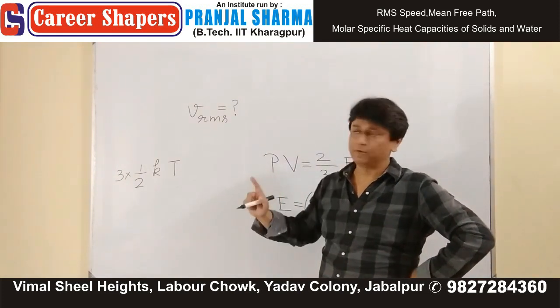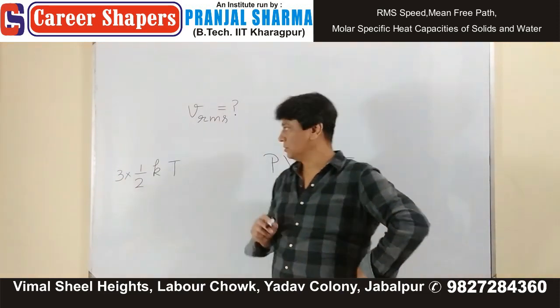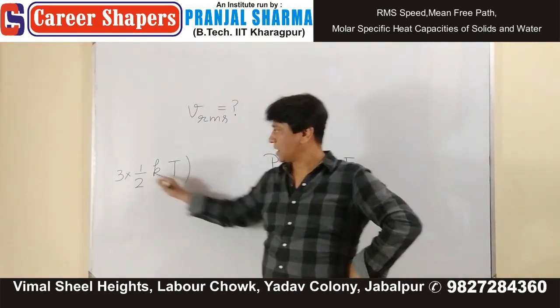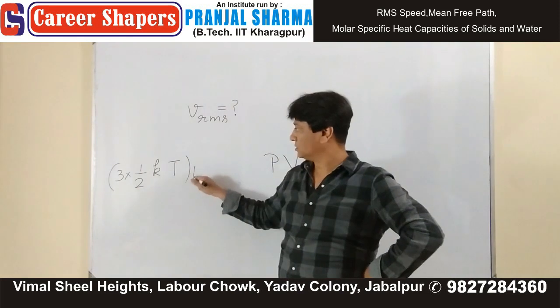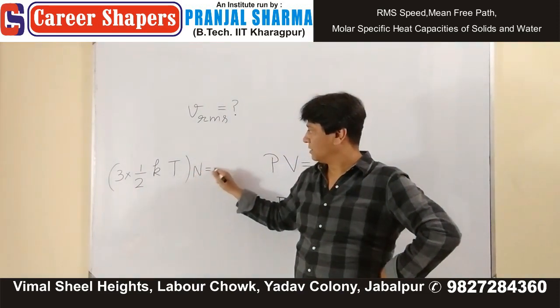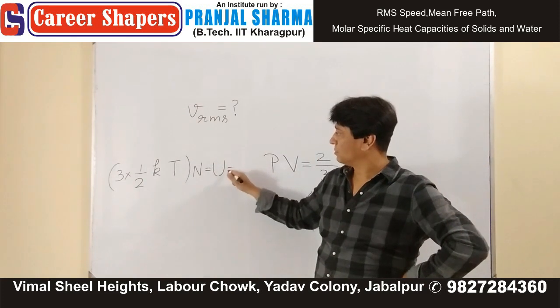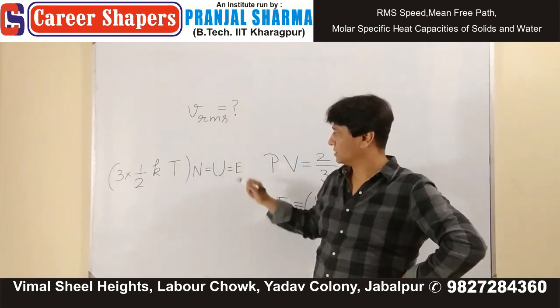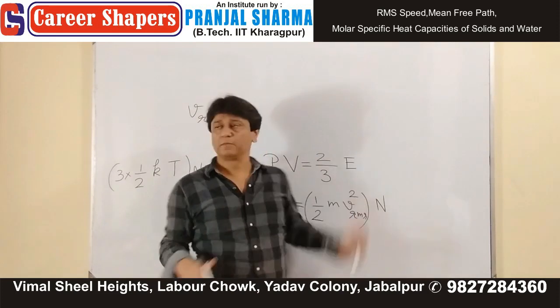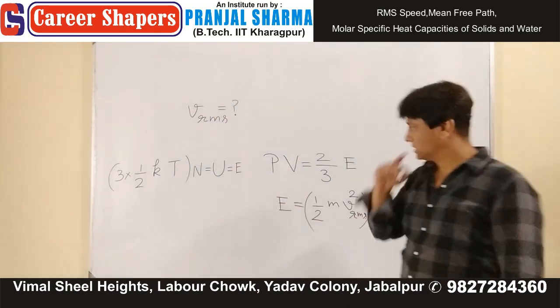This is the energy of a single molecule. If there are n number of molecules, then that energy, which was called U, is nothing but E for us. This E or U, they both are the same.